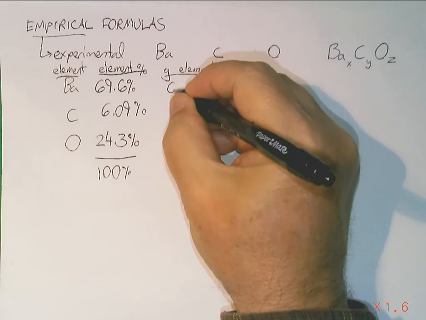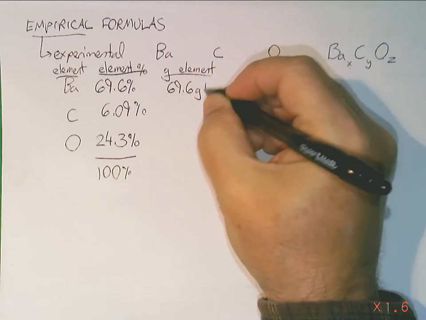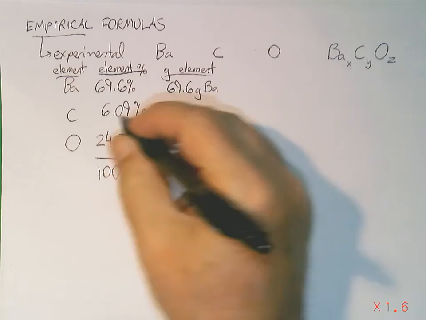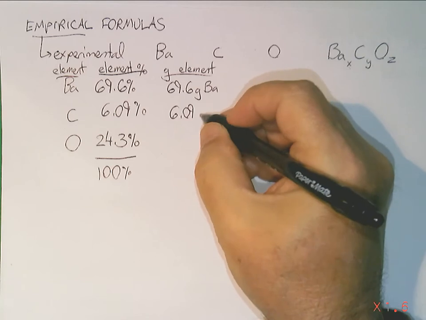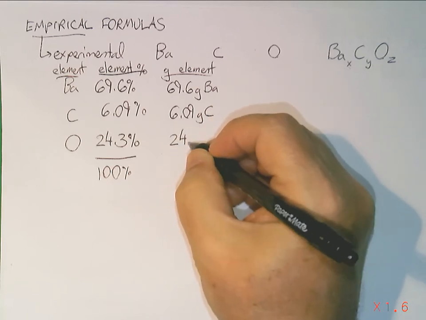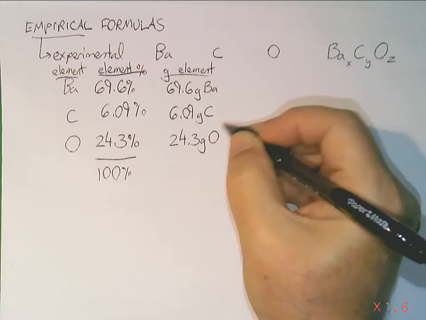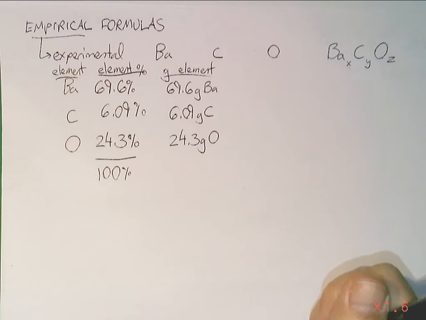So I could write in 69.6 grams of barium. And I could do the same with the other element percents. So I've turned the percentages into a gram amount here that I can use in the problem.